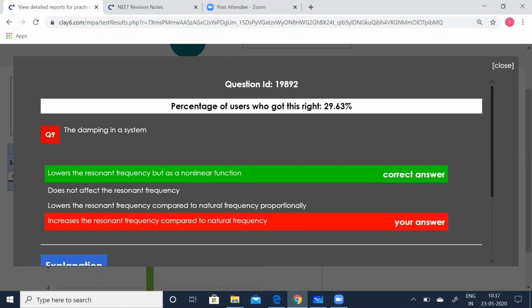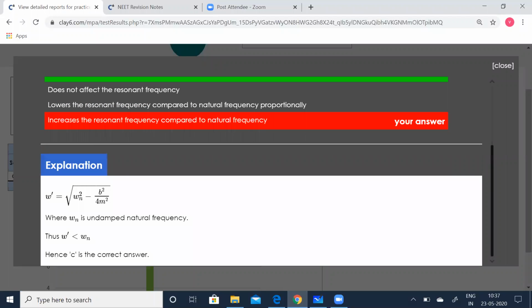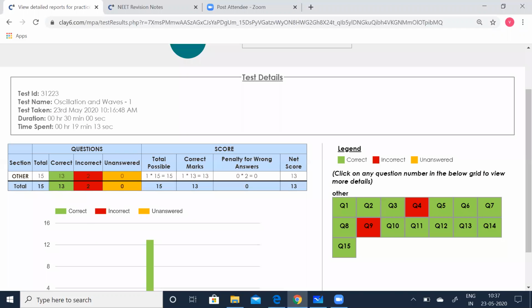But I deliberately marked it as increases the resonant frequency so that you should know how to verify your correct answers also. See, omega dash equals the square root of omega n squared minus b squared by 4m squared, so omega dash is lesser than omega n. That should have been the correct answer. So that went wrong, and two questions went wrong.